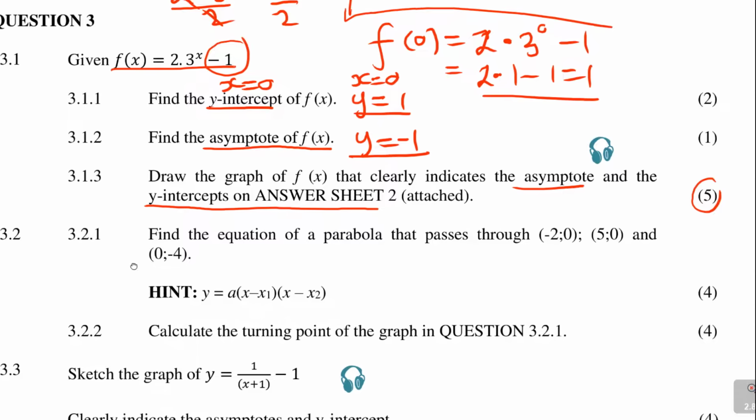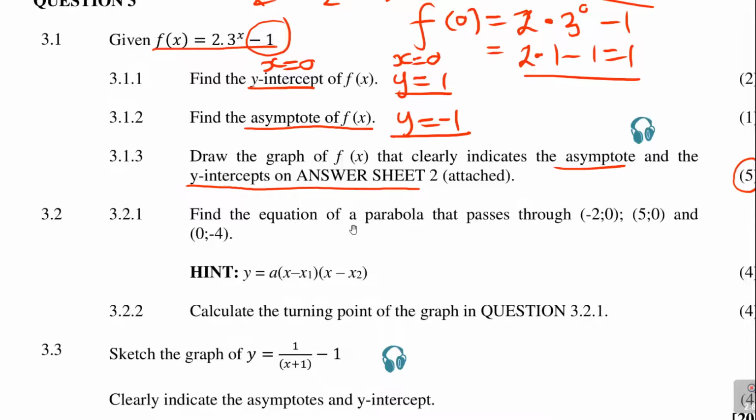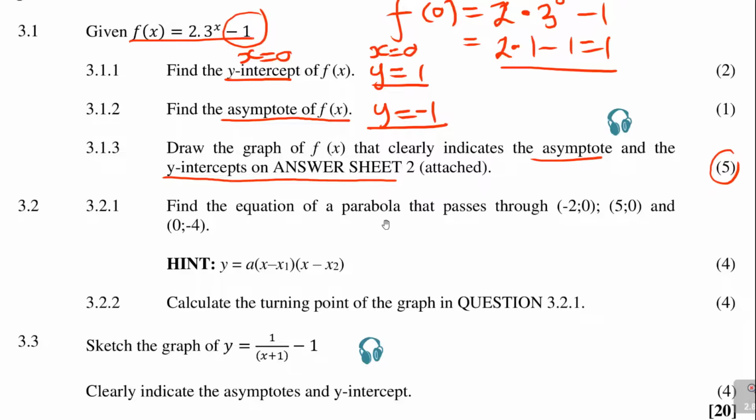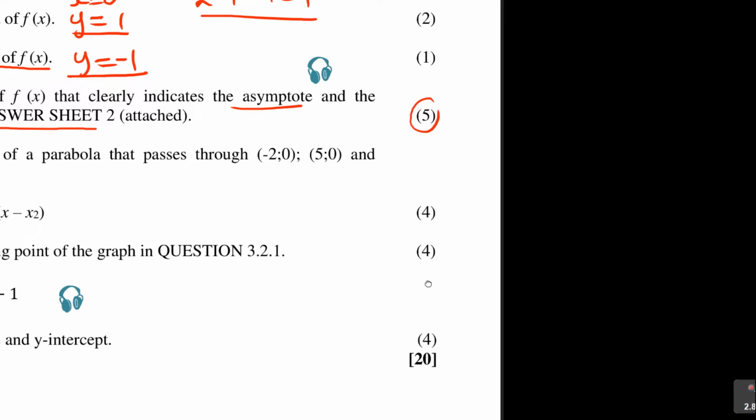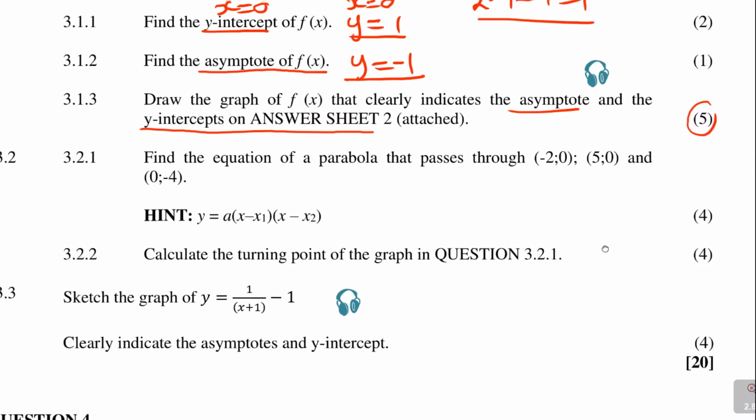And then 3.2.1, find the equation of a parabola that passes through that, and that. The equation of a parabola. This one needs a bit of understanding. What is a parabola? A parabola is like this.